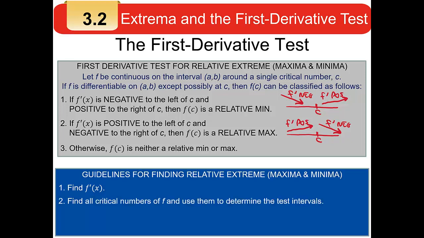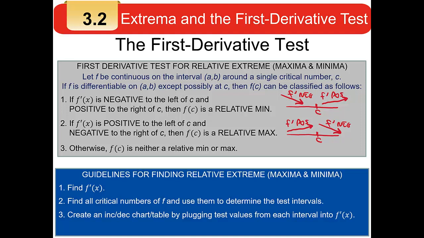So you want to find the derivative. Then you want to use that derivative to find the critical numbers. And then you're going to use those to determine your test intervals, as we've been doing earlier. And remember, your critical numbers come from taking the derivative and setting it equal to 0, or finding where the derivative is undefined and making sure those values are in the domain of the function.